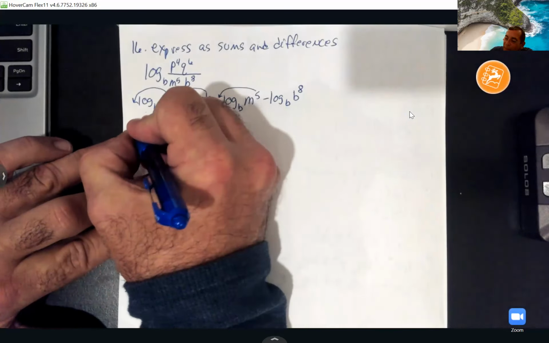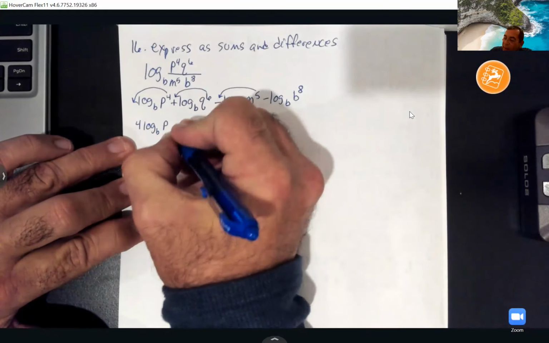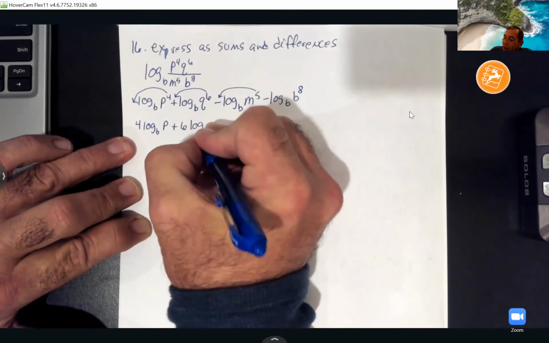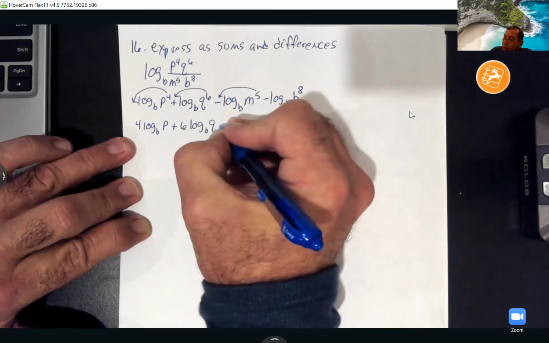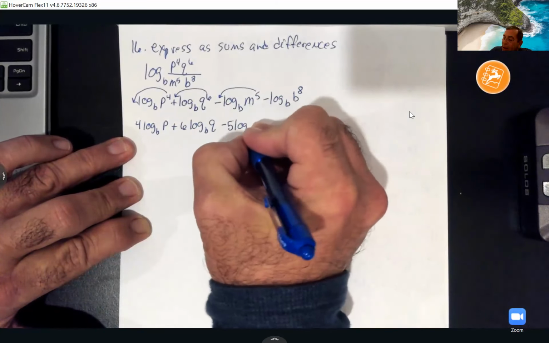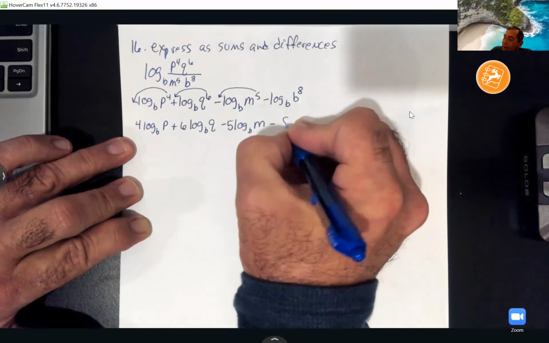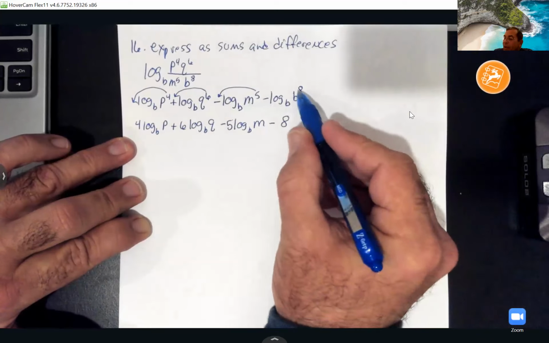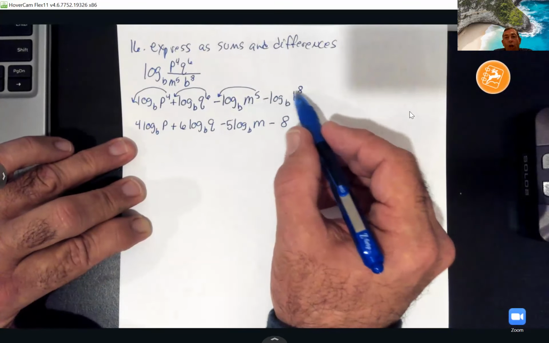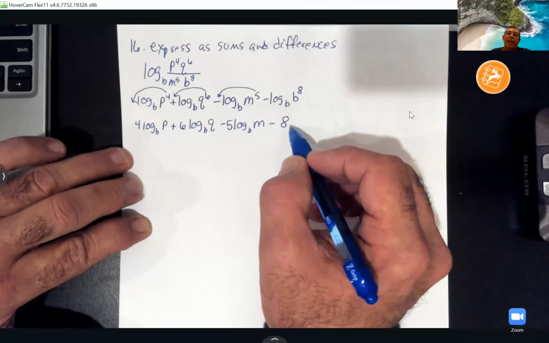So this will give me 4 log base B of P plus, bringing the 6 down, log base B of Q, minus, bring the 5 down, log base B of M, minus that's just an 8. Because y'all, if you bring the 8 down, that'll be 8 times 1, because log base B of B would be 1. So that's why we just write an 8 there.